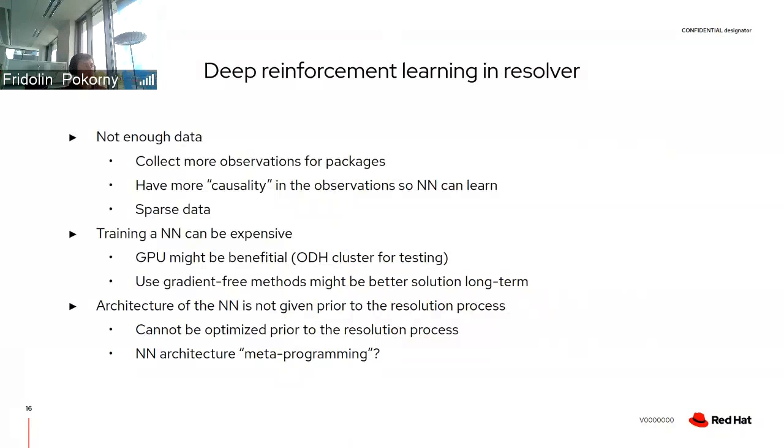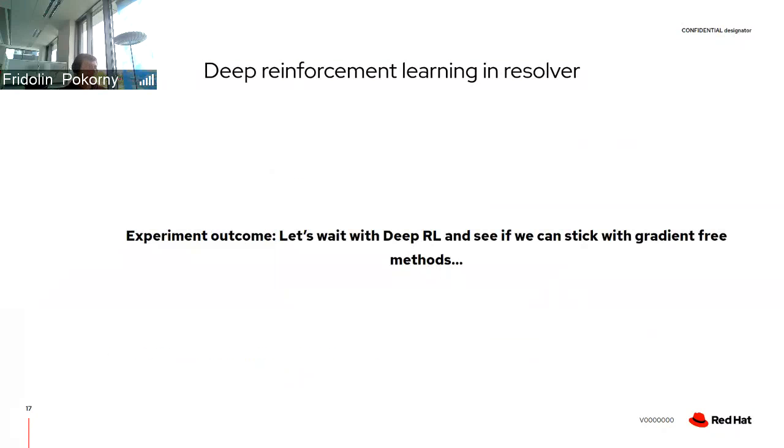Another interesting thing is that we don't have the architecture of the neural network before the resolution process, so we don't know how many inputs to the neural network we will need. This opens some questions like meta-programming of neural network architecture layers, and we cannot optimize these neural networks before the resolution process if we design the resolution process as discussed.